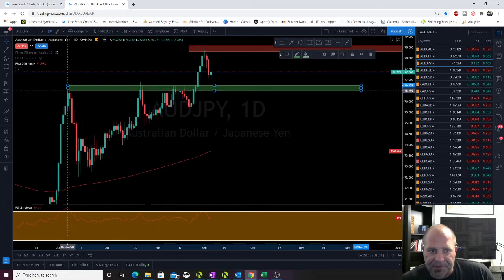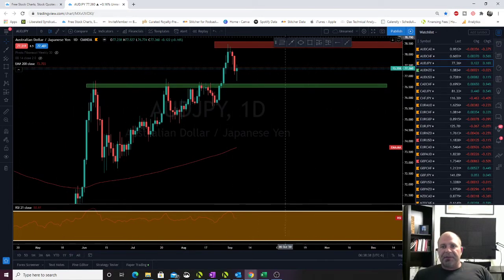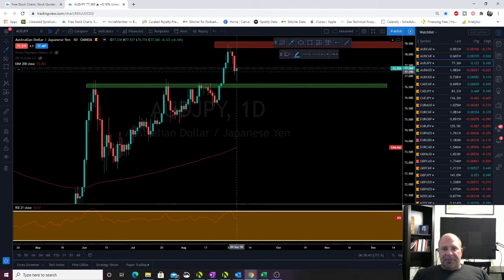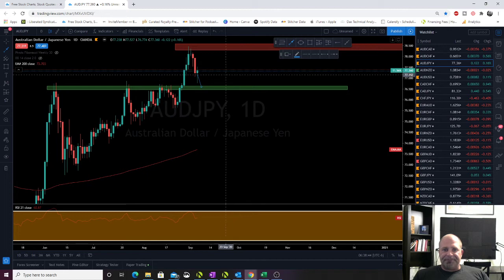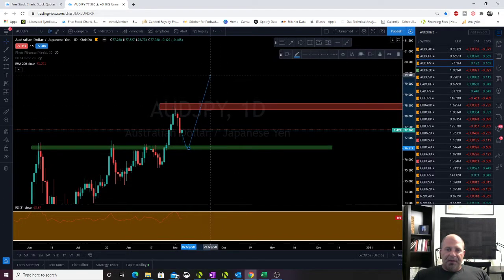So this is former resistance. And I think we're going to maybe test that again, reconfirm it. And then, this would be an inflection point we want to be careful of on that continuation trade.